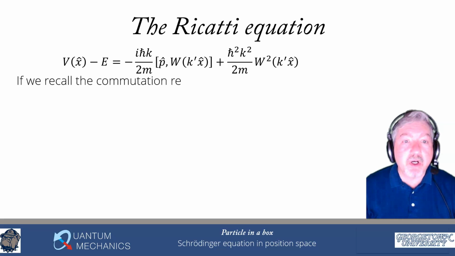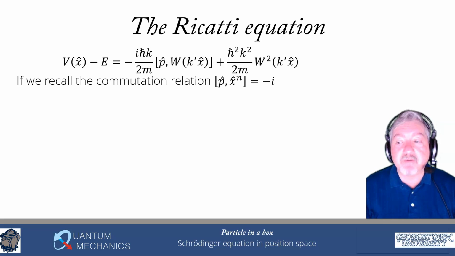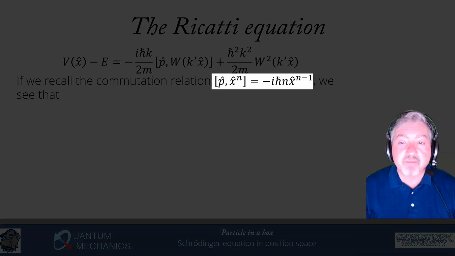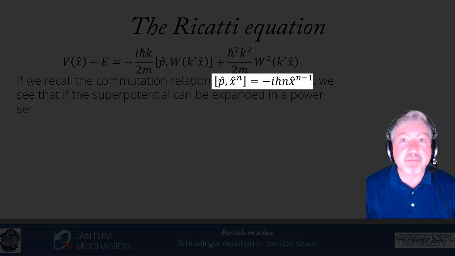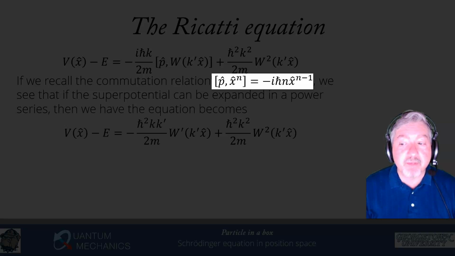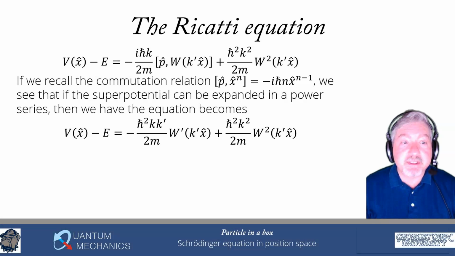Now, if we recall, the commutation relation of momentum with a power of position was given by minus i h bar n x hat to the n minus 1. I believe we derived this in Module 5 or Module 6. We see that if the superpotential can be expanded in a power series, then the commutator of momentum with some function is going to act just like the derivative.